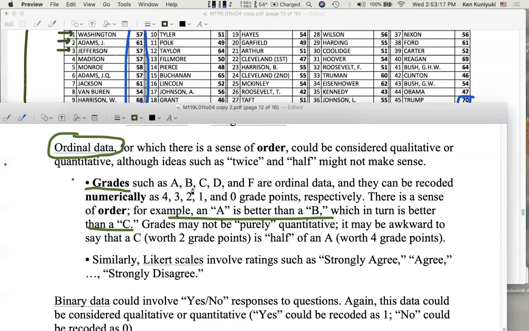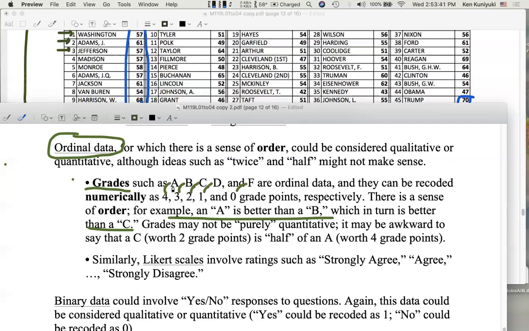Now, the grades here can be recoded numerically. So if you want to go more from letters to numbers, well, an A is worth 4 grade points. We're going to talk about grade point averages, GPAs, later on in this class. An A is 4 grade points. A B is 3 grade points. A C is 2 grade points. A D is 1 grade point. An F, well, that's 0 grade points.